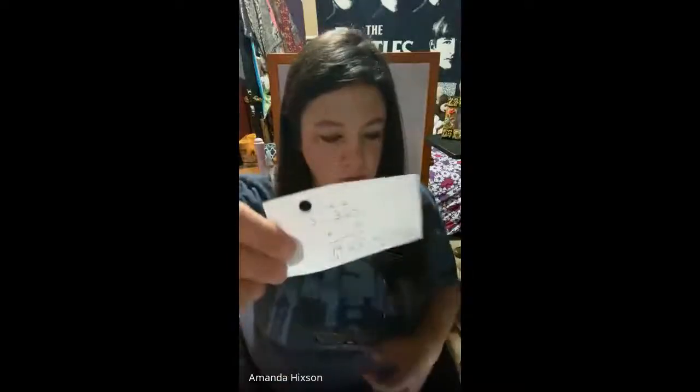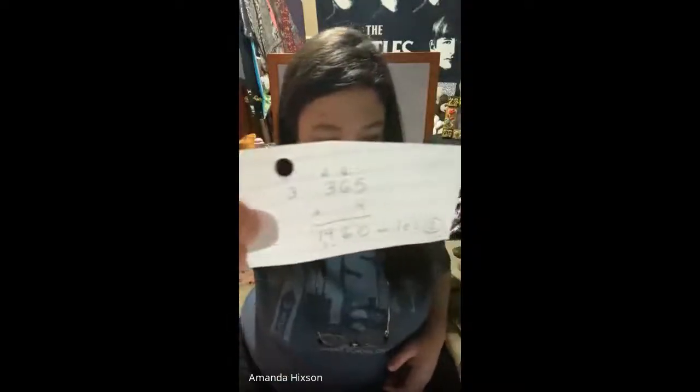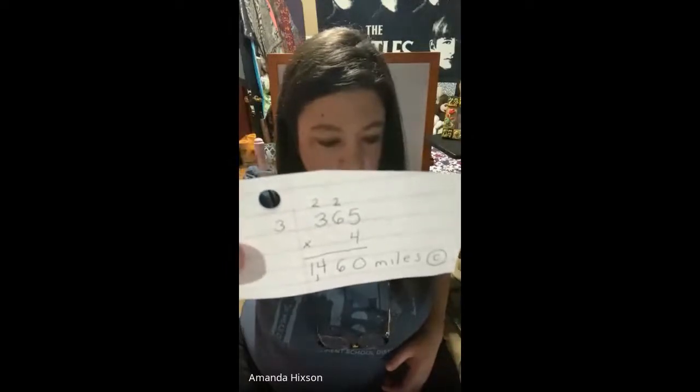So for the second column, the tens place, you should have put a 6 in the tens column and then carried the 2. And then 3 times 4 is 12. Plus the 2 is 13. Let's move on.